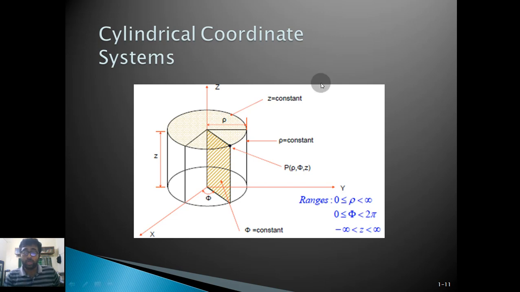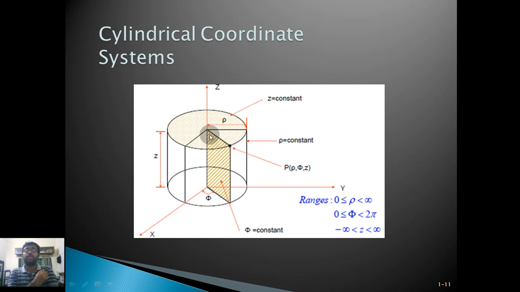Now, there's another thing this picture is explaining. Suppose the value of phi is constant. Then we get a vertical plane. Suppose P is there. If we have a constant value of phi, then this vertical plane will be created.